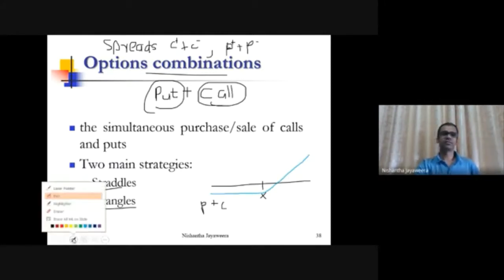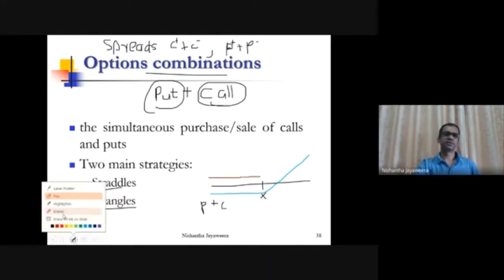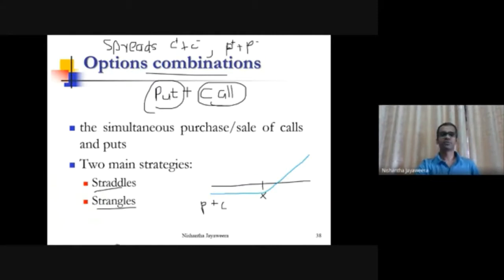Then you have a long put as well. What is the payoff diagram for a long put?